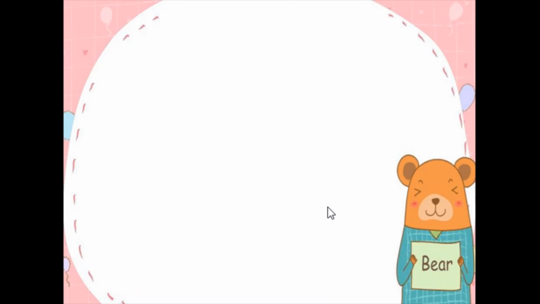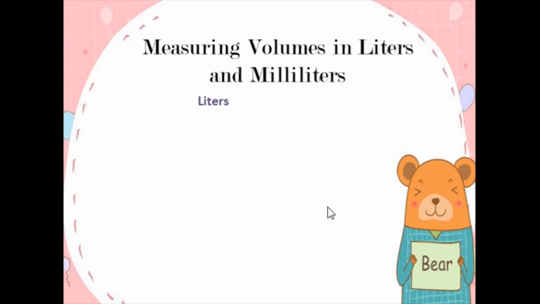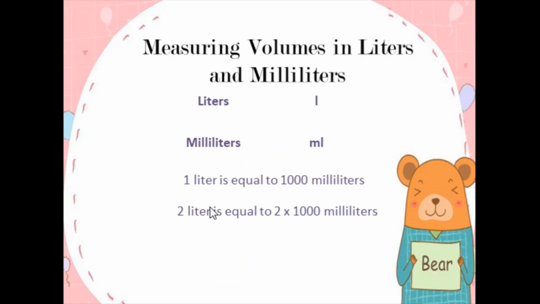Okay, now, abbreviation for liters, we can use L. For milliliters, we can use ml. 1 liter is equal to 1,000 milliliters. So, 2 liters is equal to, how do we get it?